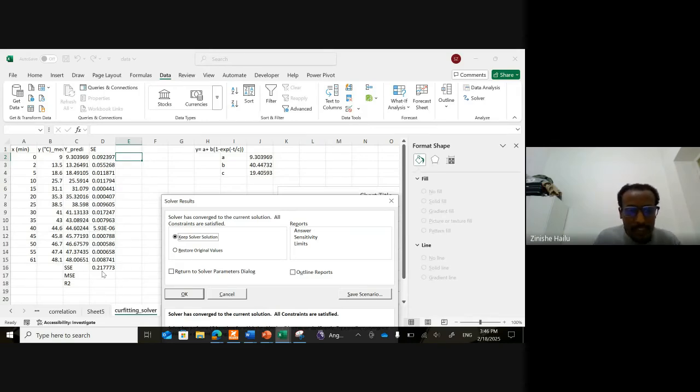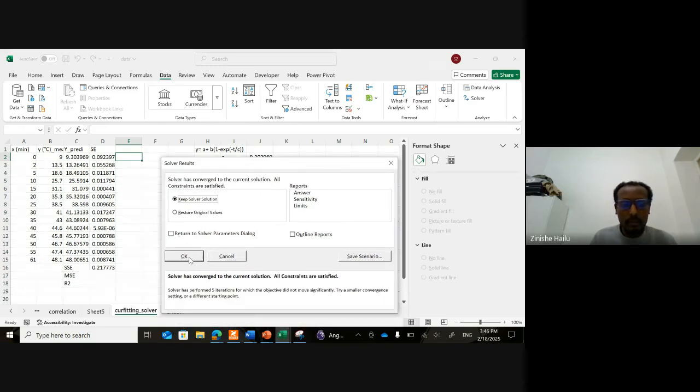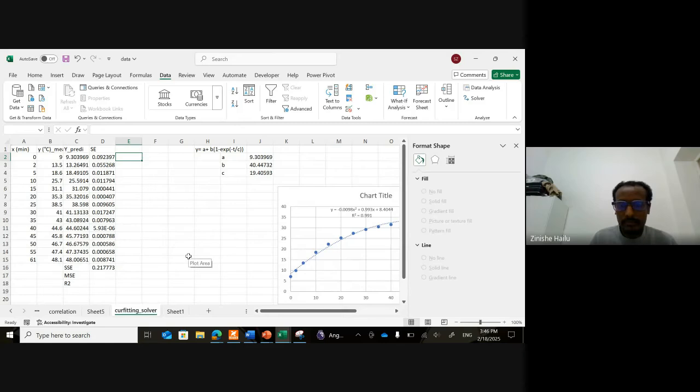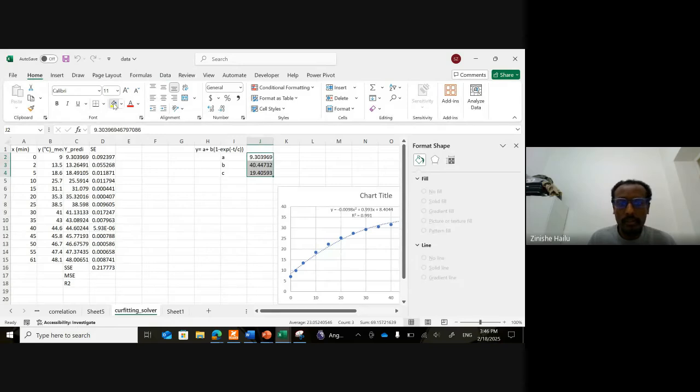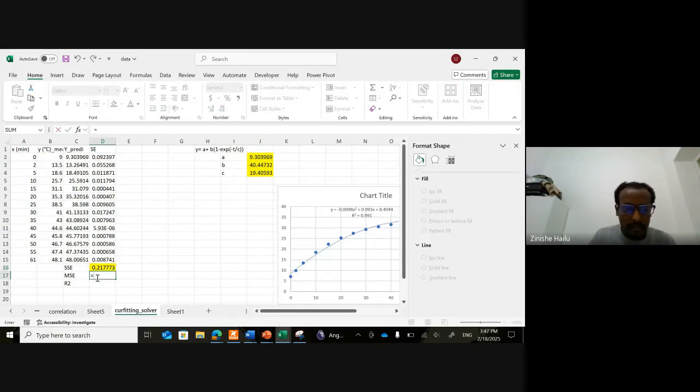Even the error, look, it reduces to 0.1317. So this is now the exact variable, the very important optimized variable to get the minimum error. And then the mean square error, the mean average.